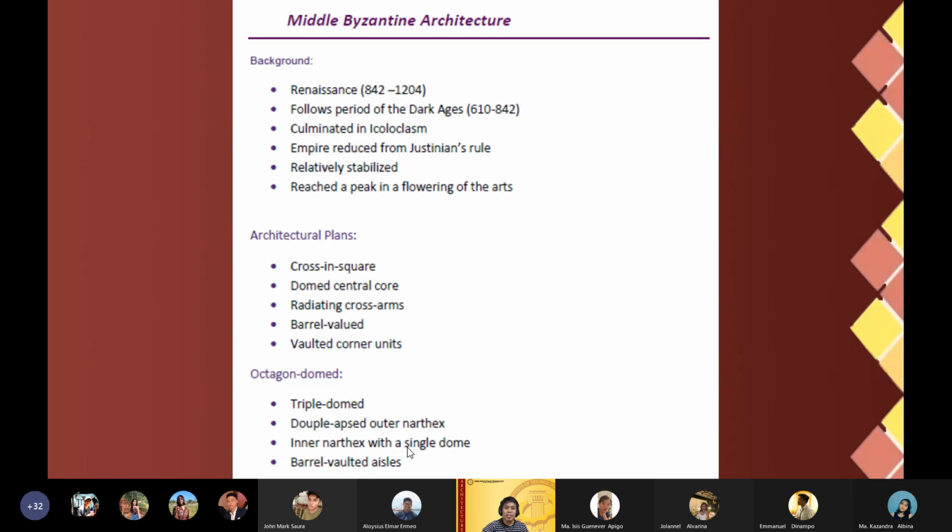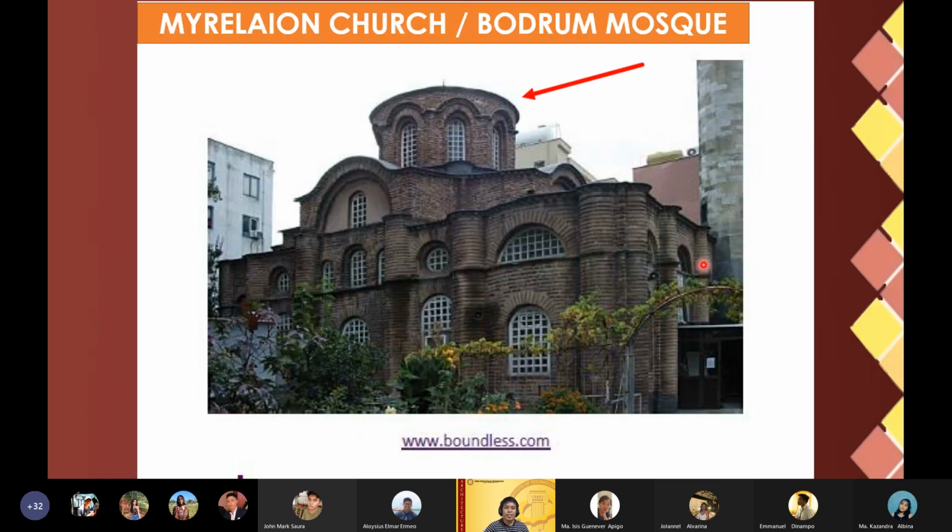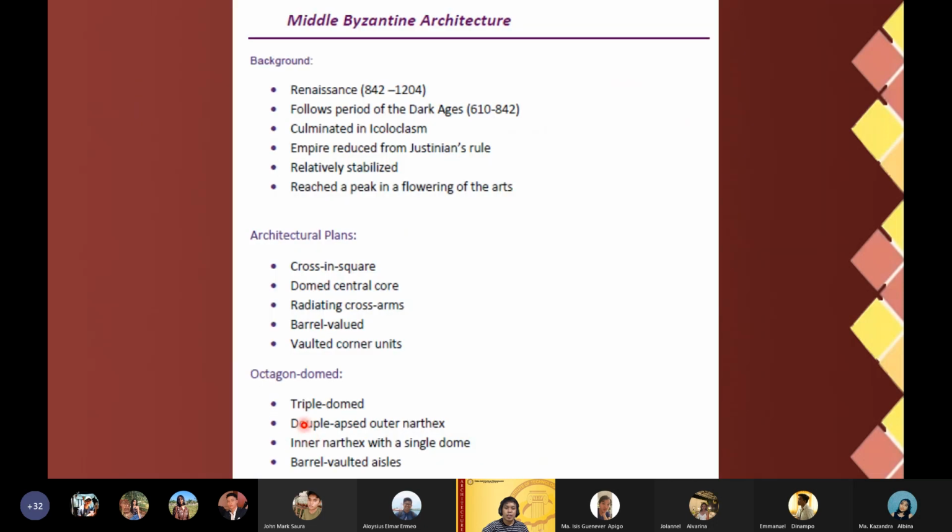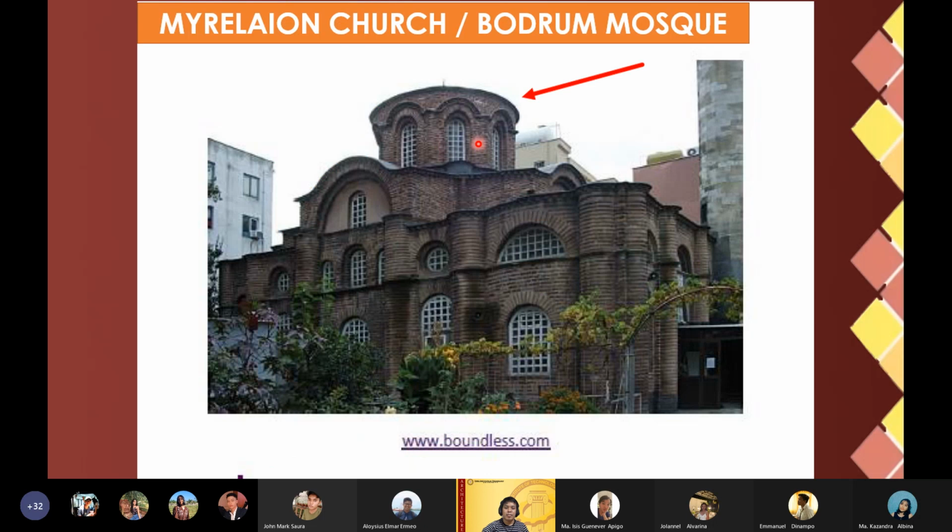Okay, so an example of that Middle Byzantine architecture is this church, the Mary Leon Church or the Bodrum Mosque. So from a church, convert na siya into a mosque. So this part right here, muna na siya ang nahog nga octagon domed. The term octagon domed, muna na siya na octagonal in plan. So sa plano niya para octagonal.